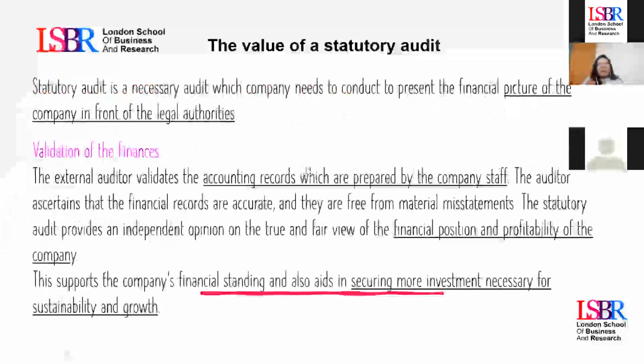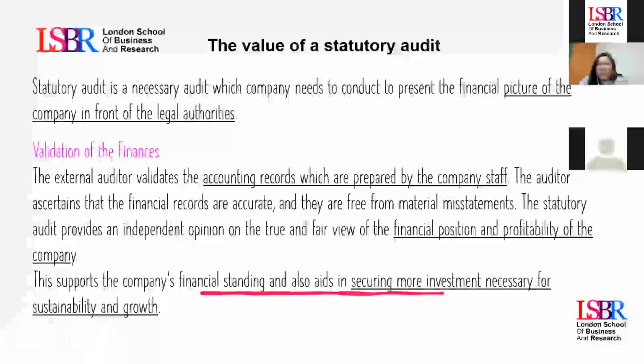Okay. And what is the value of a statutory audit? The value is that external audits bring us a whole picture about the company in front of legal authorities, maybe tax authorities or financial authorities, or maybe the investors.